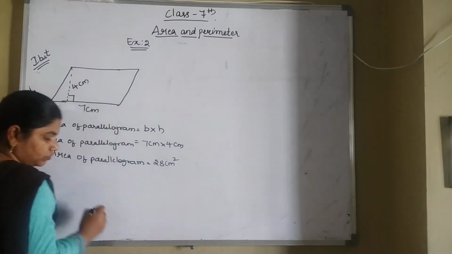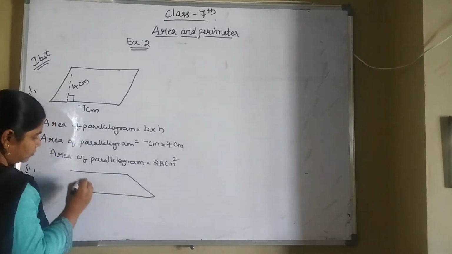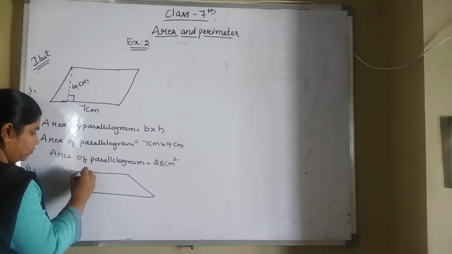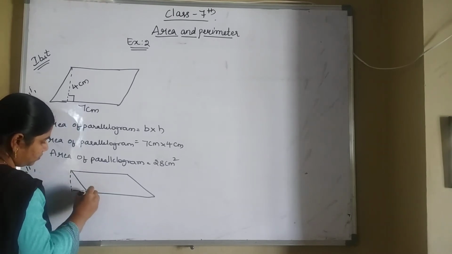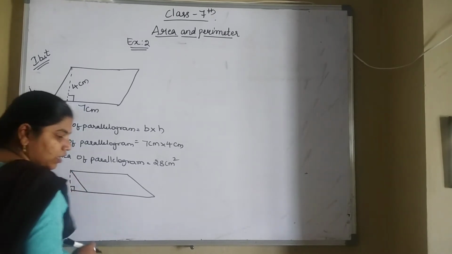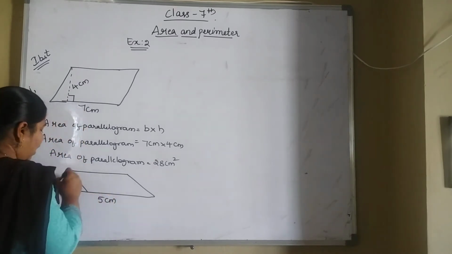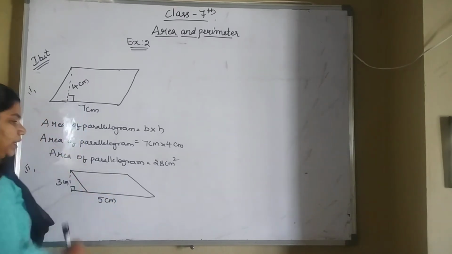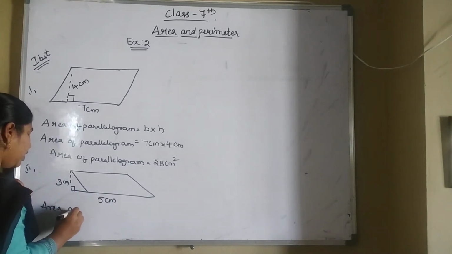Second bit now. Here the perpendicular line is forming here. So what is the base value here? Base is 5 centimeters and here the height is 3 centimeters. Now find the formula.